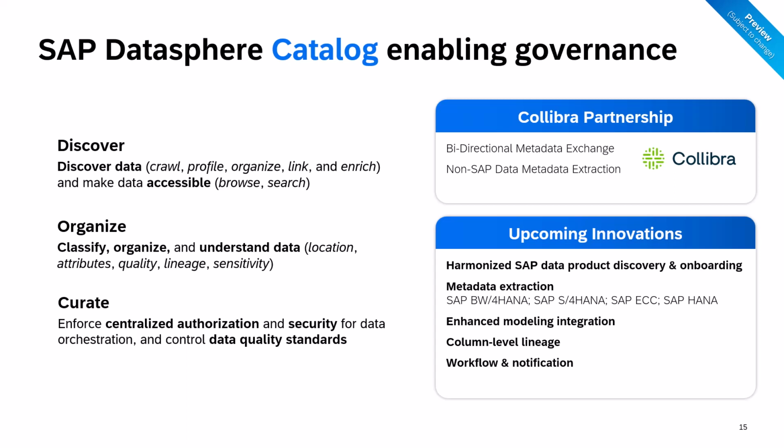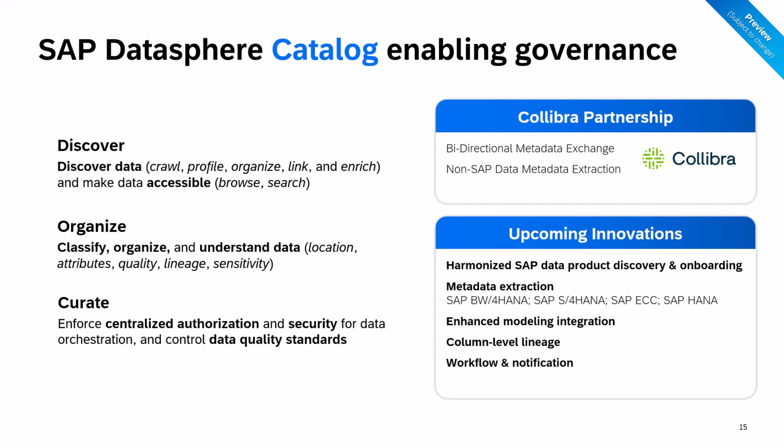This is planned to be extended next year with additional systems like S/4HANA, BW/4HANA, ECC, HANA, and others maybe. So the Collibra catalog exchange can therefore add more metadata from external systems which are connected to Collibra, to have a more complete metadata governance overview.